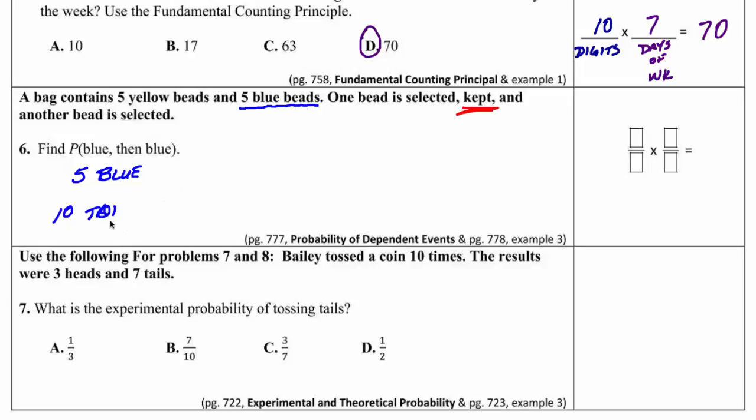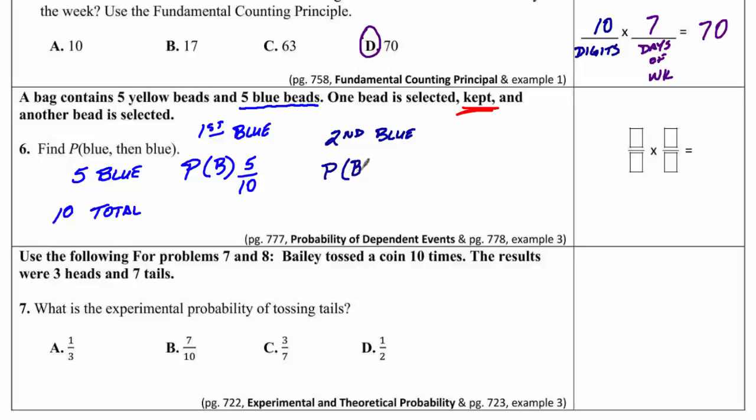When you got ready to pull that first bead, there were 5 blue. There were a total of 10. 5 blue, 5 yellow. So the probability of that first blue was 5 out of 10. When you got to the second blue, well, there's a blue bead gone now, right?